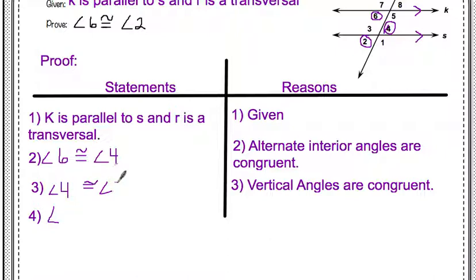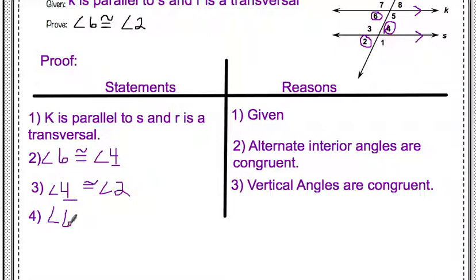Sometimes we learn from our own mistakes, and this is one of those cases. So let's go back and fix this. Angle 6 is congruent to 4 because they are, in fact, alternate interior angles. Angle 4 is congruent to 2 because they are, in fact, vertical angles. Now I have 6 is congruent to 4, 4 is congruent to 2, so 6 is congruent to 2.